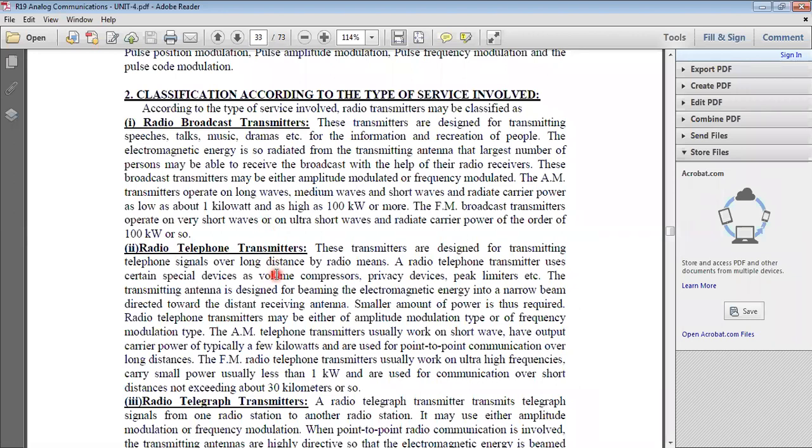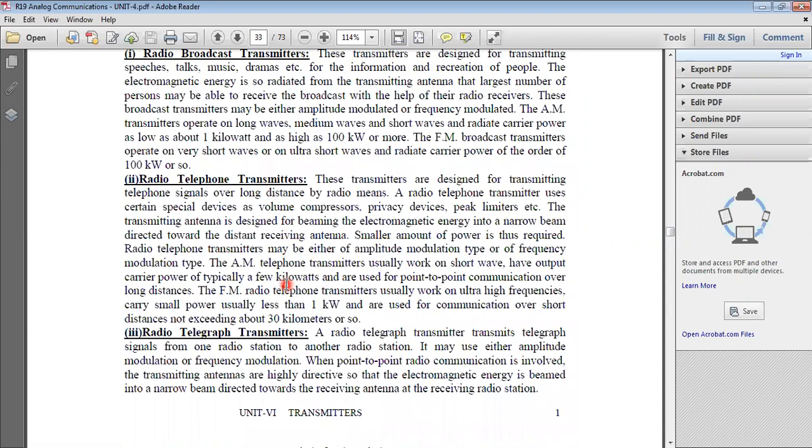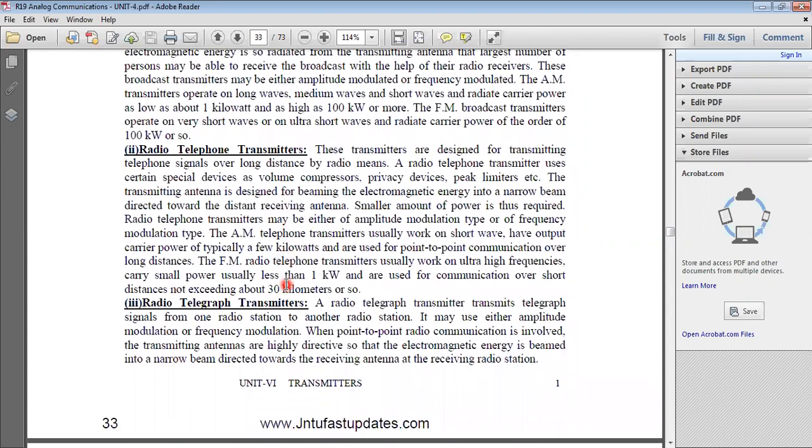Again, coming to the second category, that is radio telephone transmitters. What is the purpose of these transmitters?